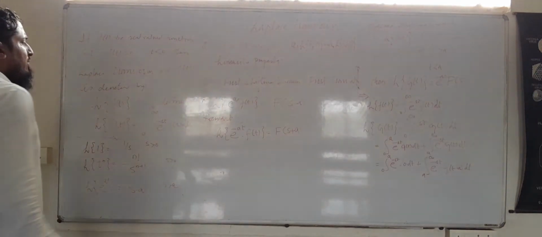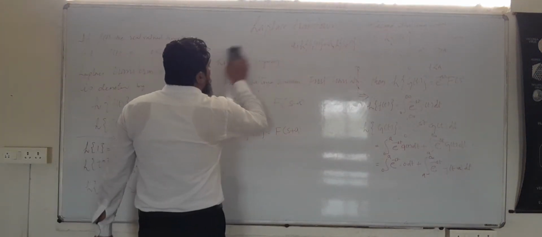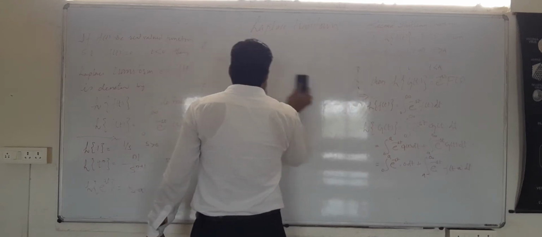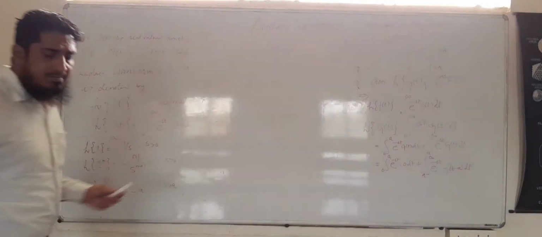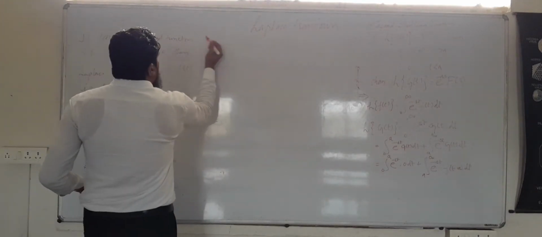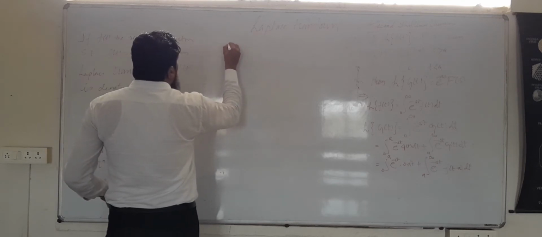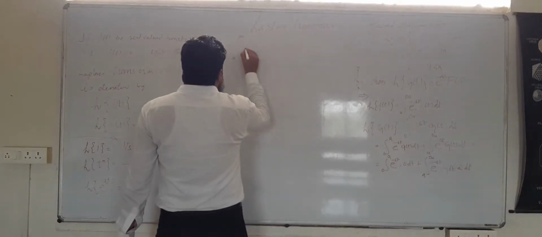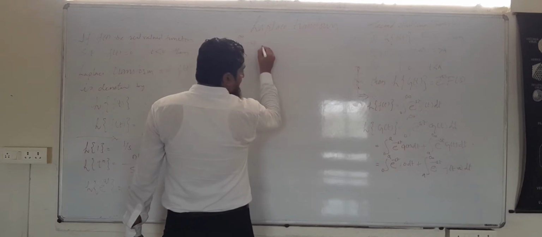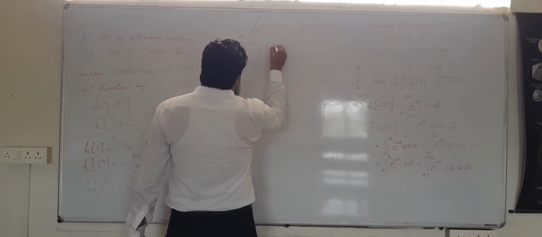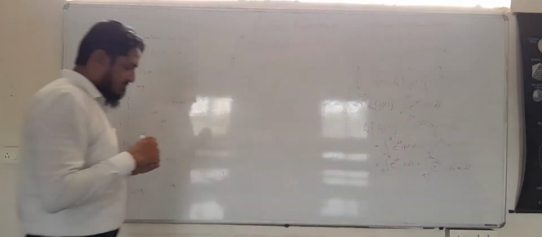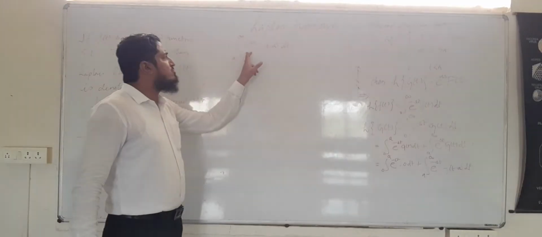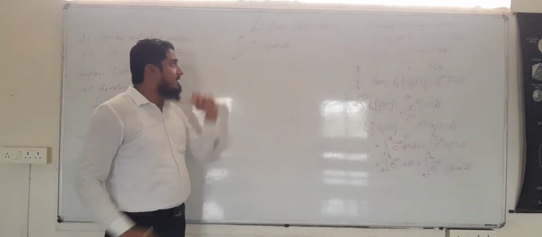So we can simplify the last equation as 0 plus integration from a to infinity of e raised to minus st f of t minus a dt.